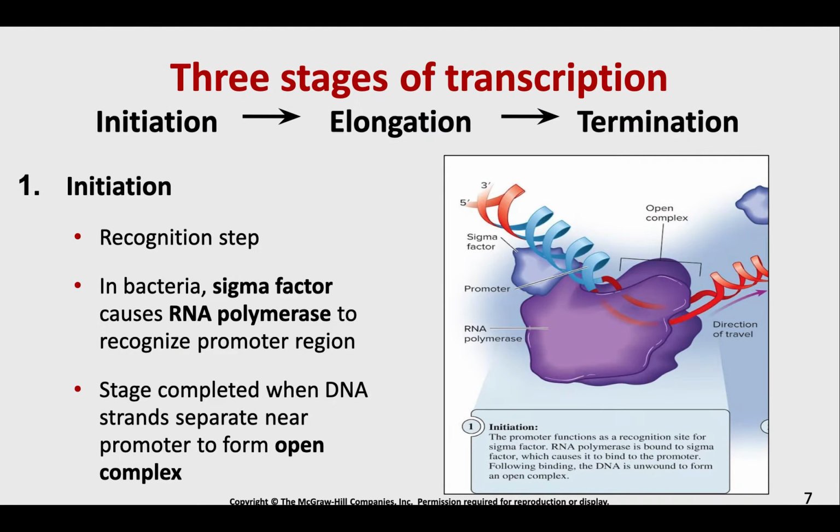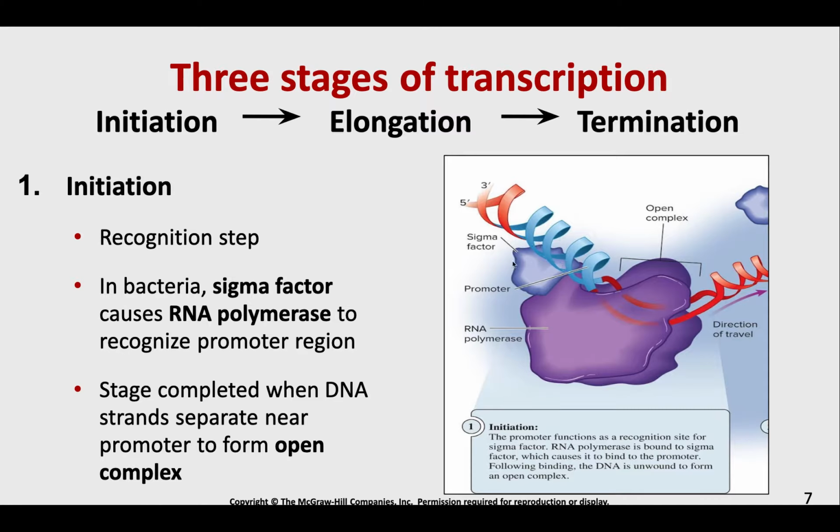If we look at transcription, there are three different stages: initiation, elongation, termination. It's the IET. You can make your own acronym out of that if you would like. The first step is initiation, the recognition step. In bacteria, we have this sigma factor, this protein here.